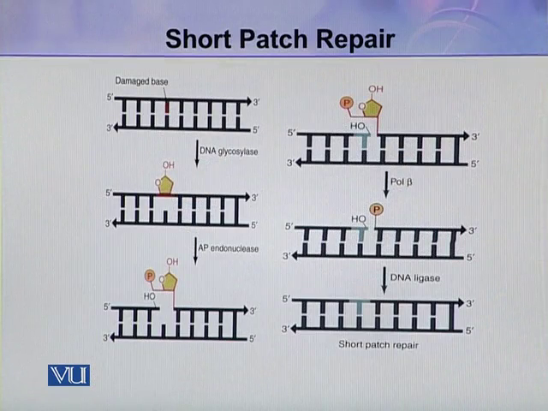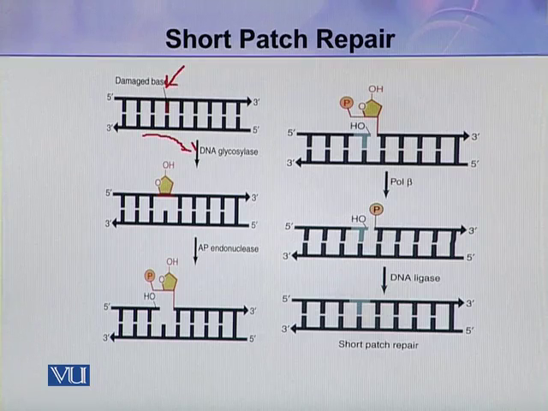So here is the summary of short patch repair. This is the damaged base, and the DNA glycosylase enzyme removes this damaged base from the one strand, and then AP endonuclease introduces a nick. Here a nick is introduced.